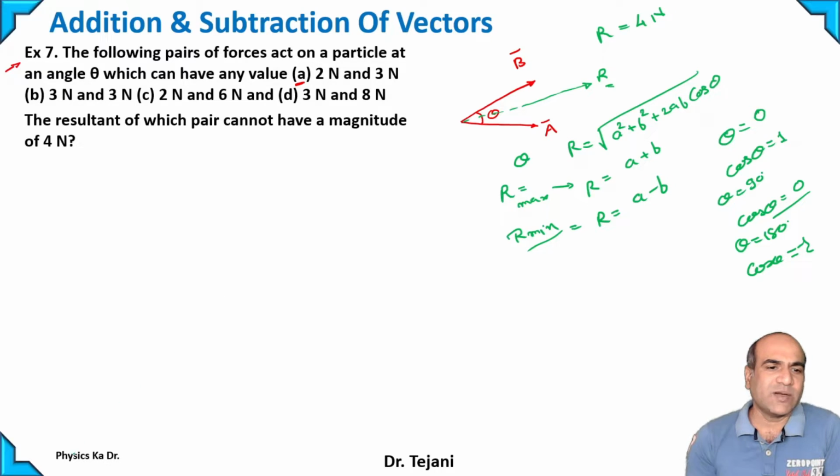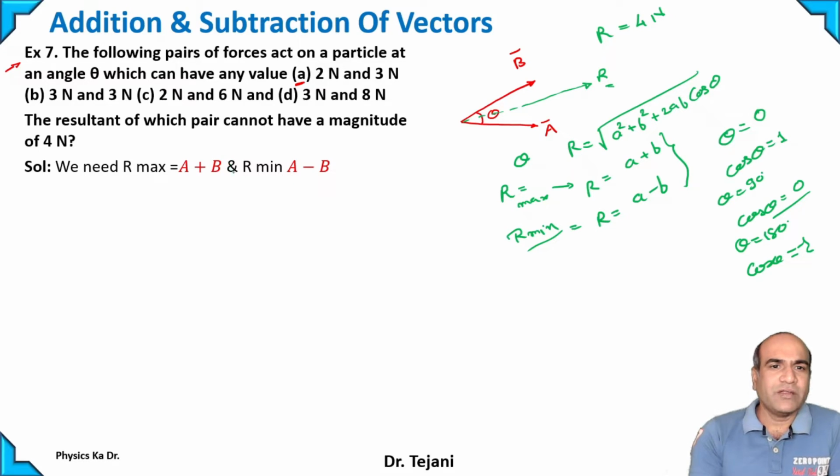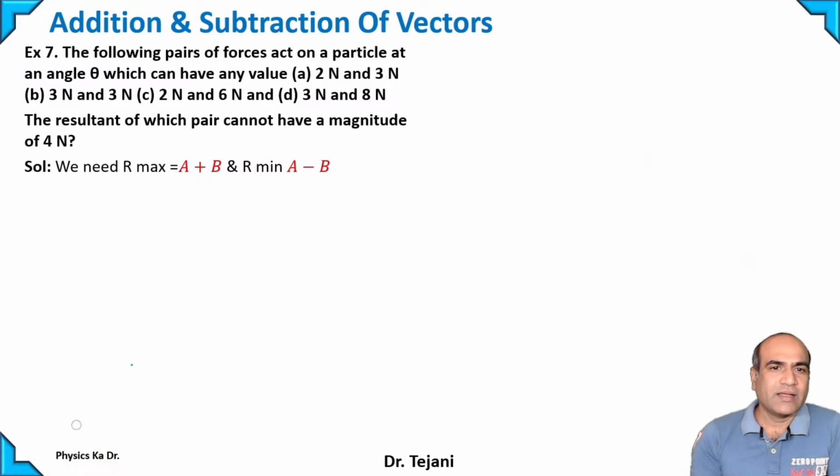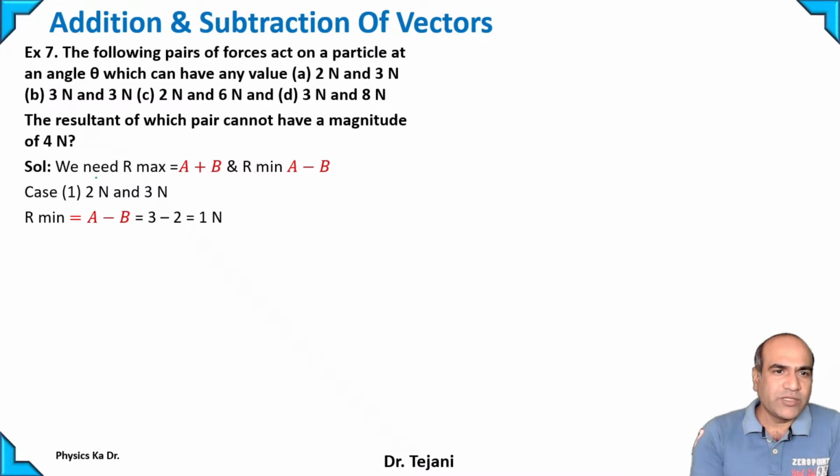And we already studied this part, so we are not spending much time on how we got this. So let's check where R maximum is equal to A plus B and R minimum is equal to A minus B. To find the entire range, for case number 1, where 2 Newton and 3 Newton are mentioned, that is the value of A, that is the value of B, and the minimum value A minus B is 1 Newton.